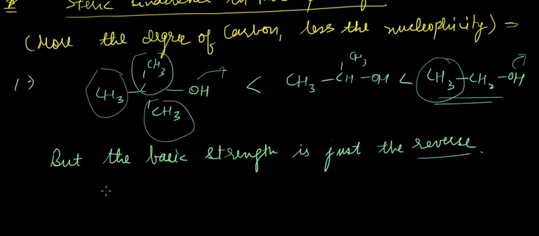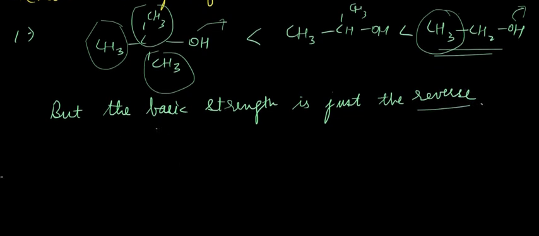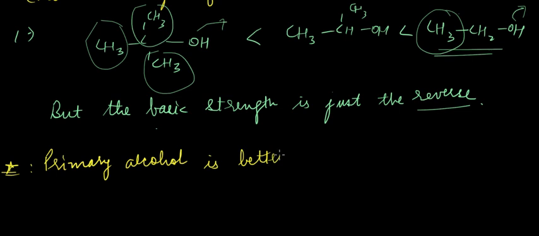Okay, so now let us look into something like this: a primary alcohol is a better nucleophile than a tertiary alcohol, due to the same reason of steric hindrance in nucleophilicity. So a primary alcohol is a better nucleophile than a tertiary alcohol.